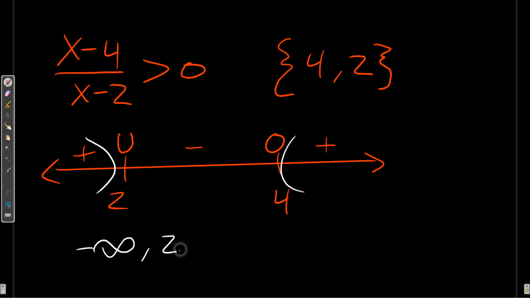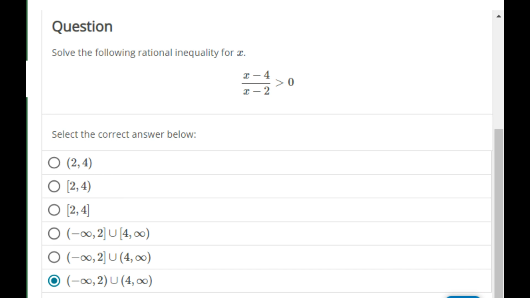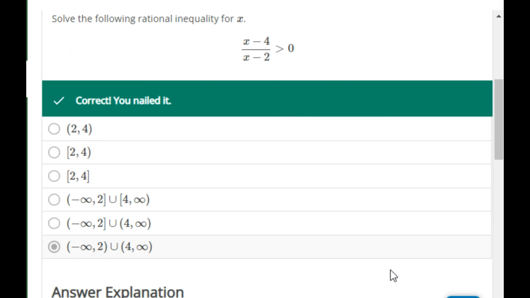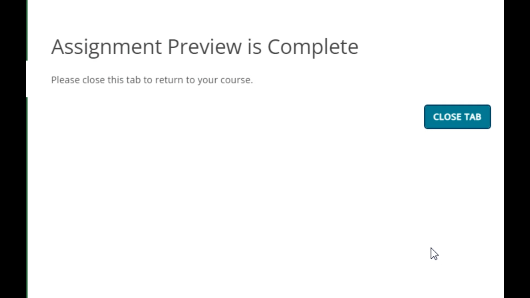So I go from -infinity up to 2, and then union it together with 4 out to infinity. And that should be it for this assignment. The assignment is complete. All right.